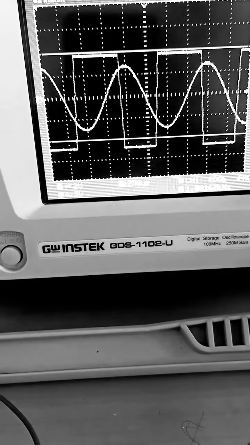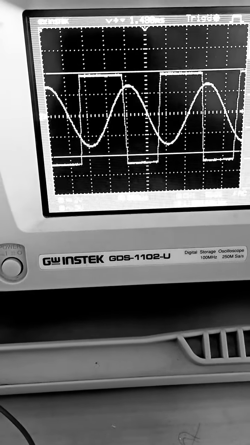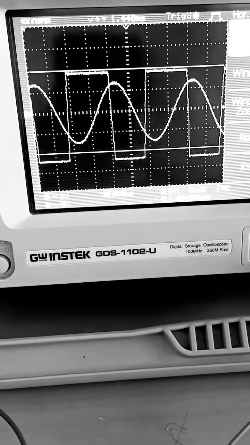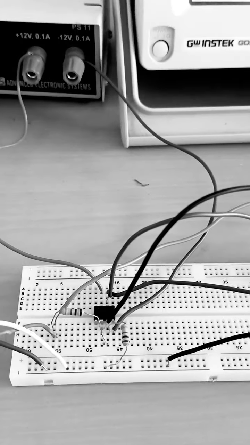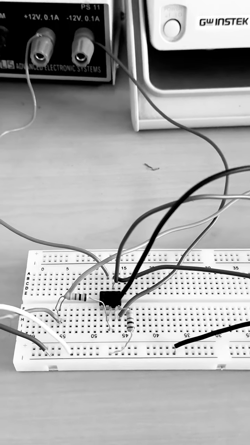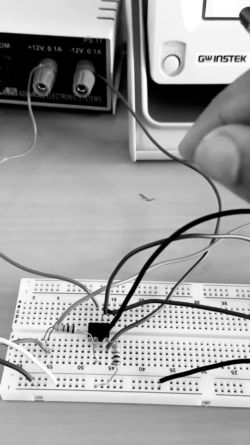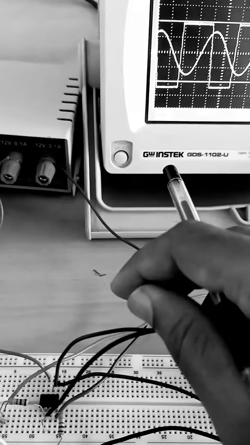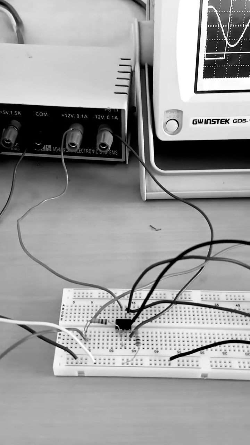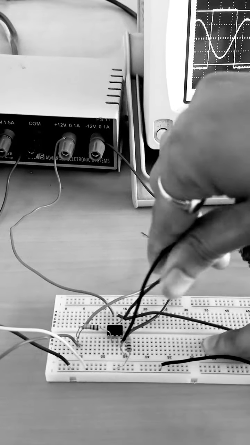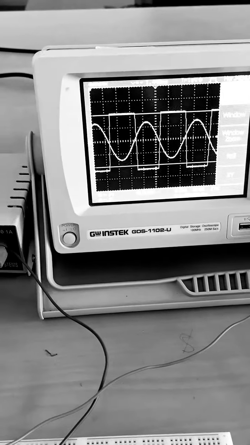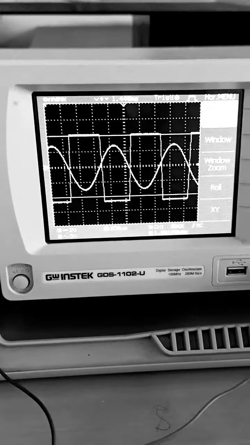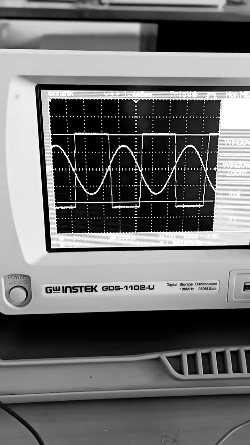By changing the resistance values, you can get different values of UTP and LTP. In this circuit, I will show you one thing. If I remove the feedback resistance, that is the resistance connected between pin number 6 and pin number 3, you can see the waveforms are similar to ZCD.